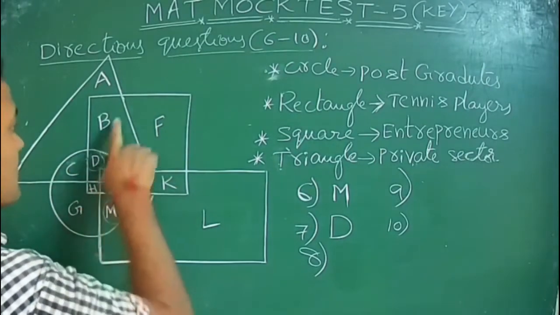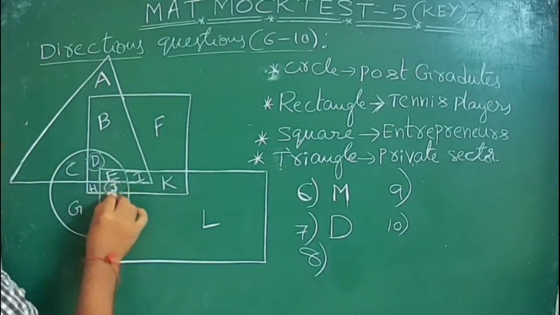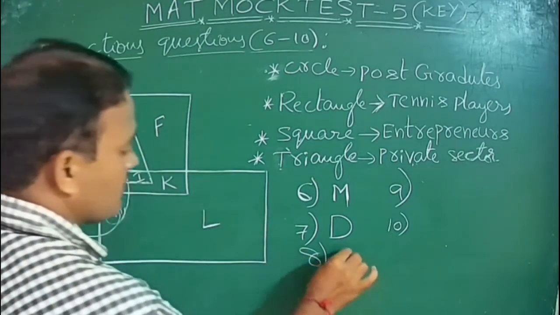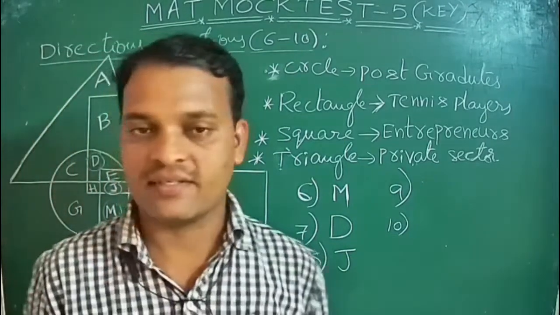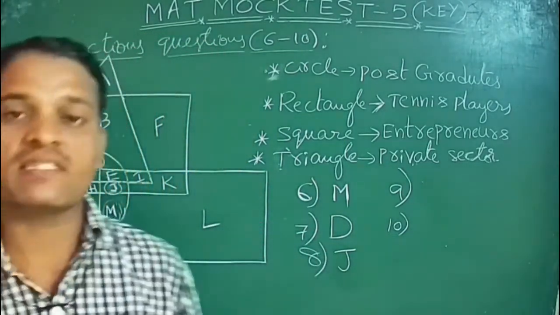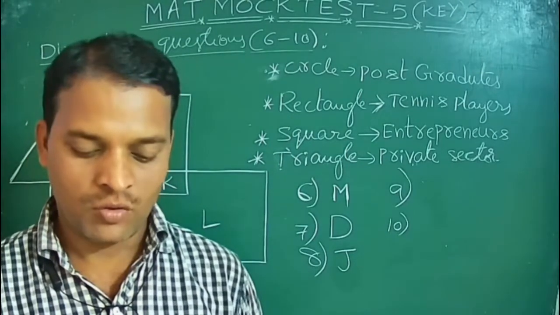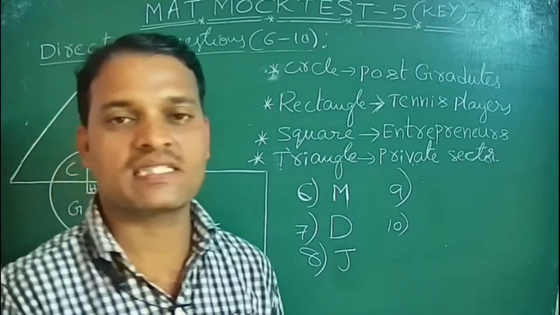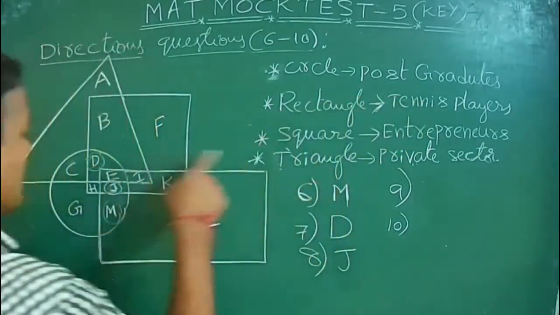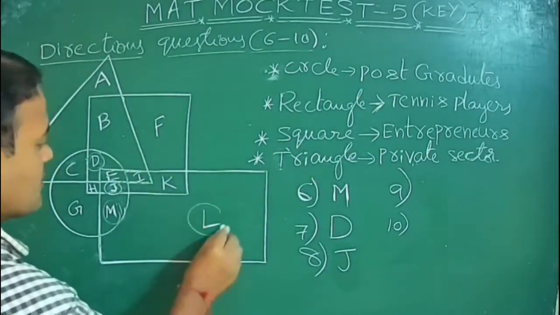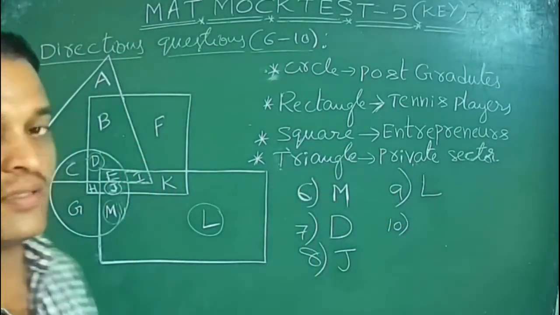Except triangle, the remaining three common point is nothing but J. So the eighth one's option is J. Similarly, the ninth one: which of the following letters represents the people who are only tennis players? Tennis players are represented by the rectangle. Only tennis players is nothing but L. So that is the ninth one.